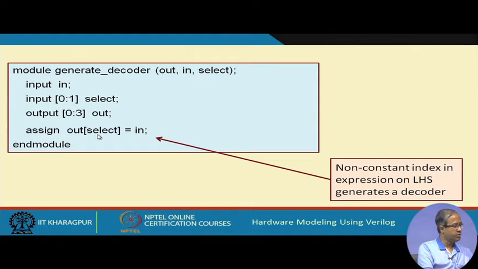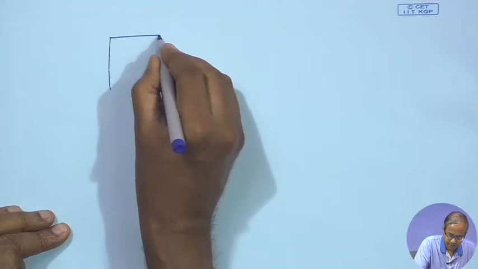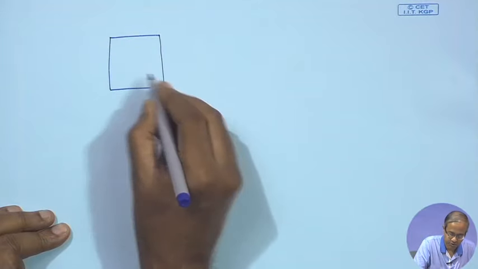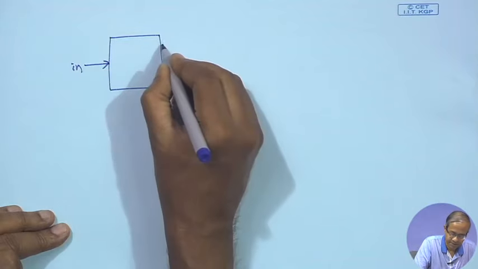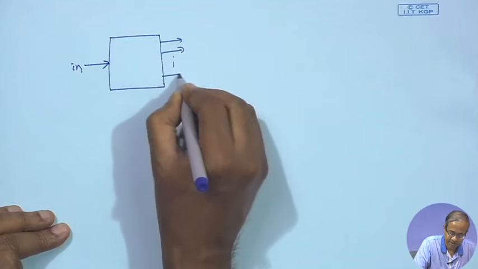So, what will the decoder do? The input value will be going to one of the outputs depending on select. Now your circuit will be something like this. You have a decoder or a demultiplexer, whatever you call. The input will be single bit data, but in the output there will be several lines.